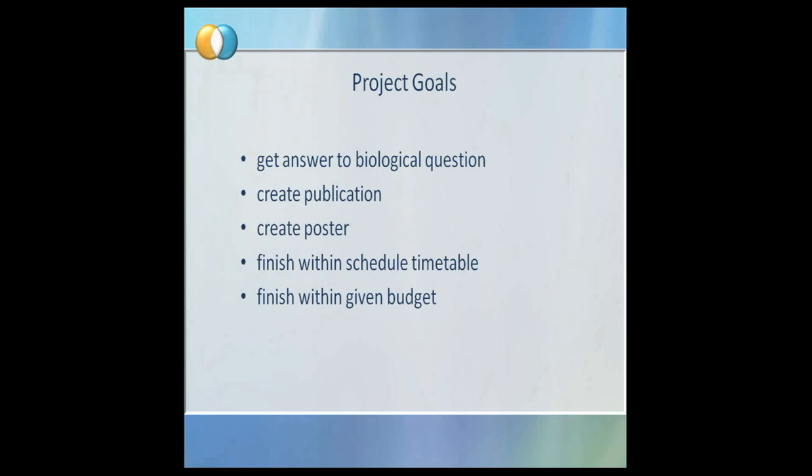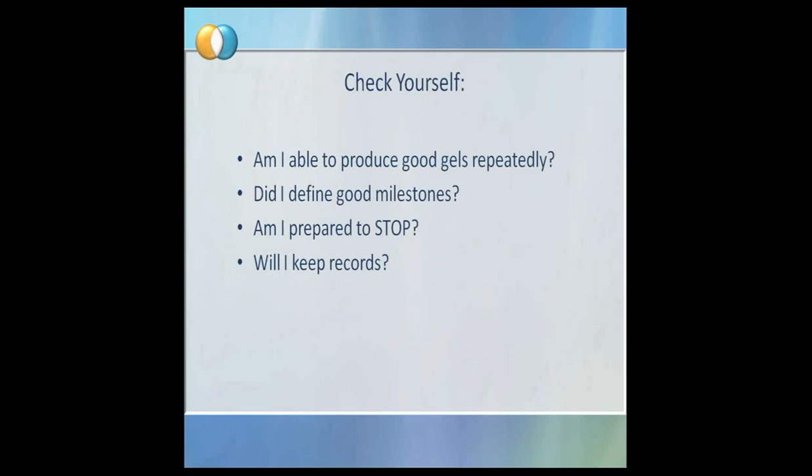This leads us to other aspects, and that means you should work efficiently and check whether you are, for example, able to produce good gels repeatedly. Is the quality of the gels varying too much? Is the technical variance small enough so that you really can rely on the results? Is the technical variance smaller than the expected biological variance?